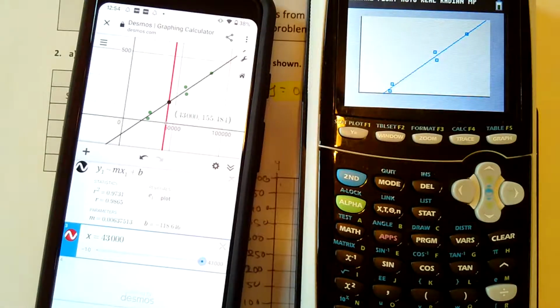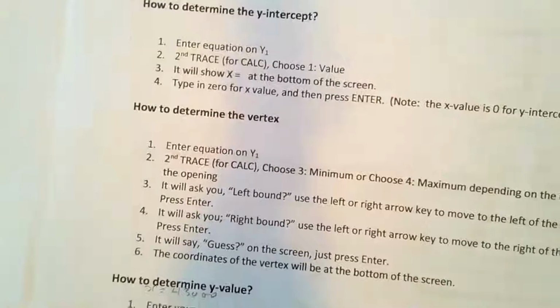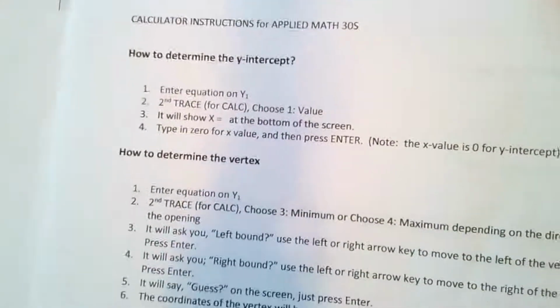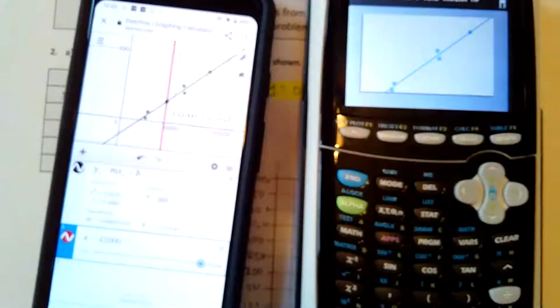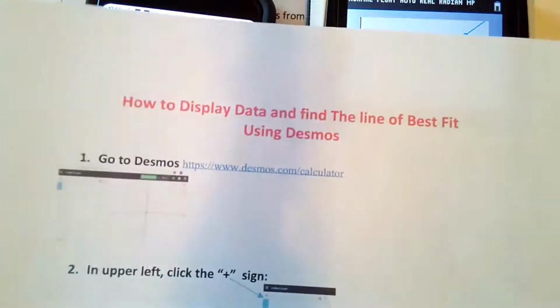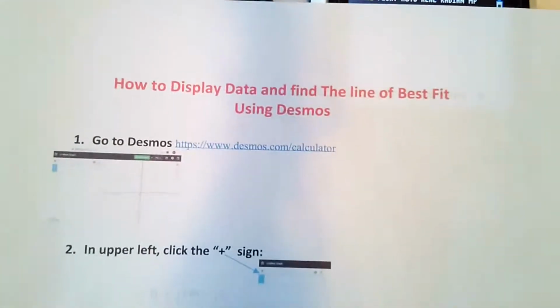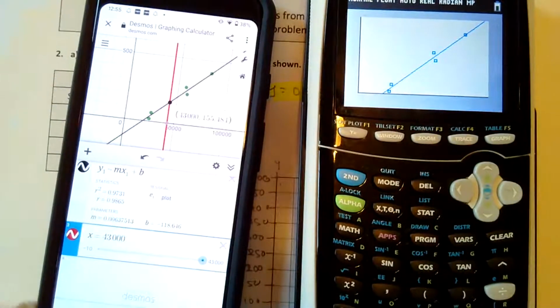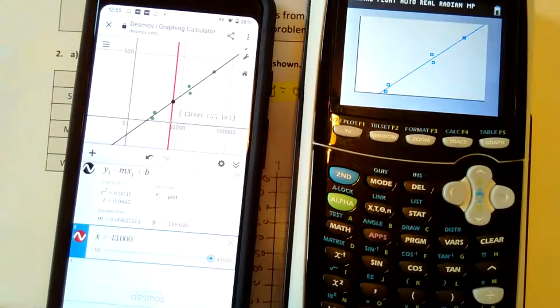And the instructions for the graphing calculator are on a sheet that you're given, along with a handout and how to display data and find the best fit. There's also a video tutorial below this video using both of these. They're generic.